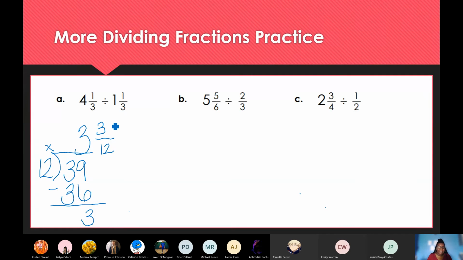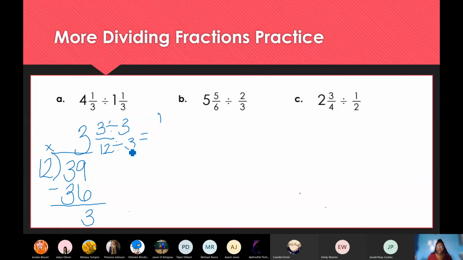There's a lot of steps here, guys. That's what makes these fractions difficult, or they look difficult, okay? And the greatest common factor between 3 and 12, 3 is a prime number, so it only has 2 factors, is 3. So 3 times what will equal 3, guys? 1.